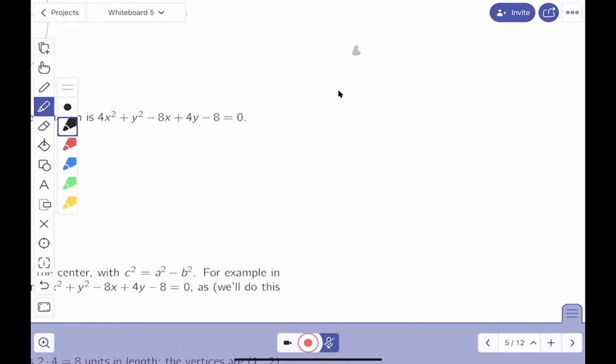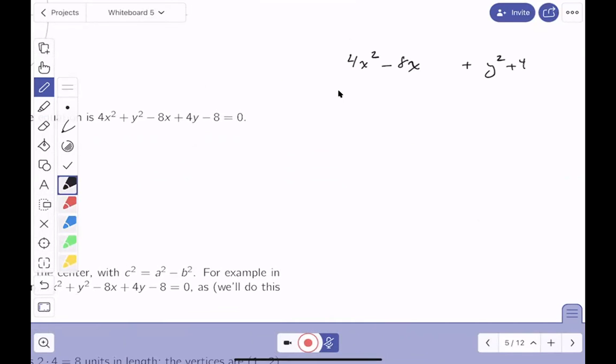So it's 4x squared minus 8x. I'm just rewriting the equation, by the way, plus y squared plus 4y.